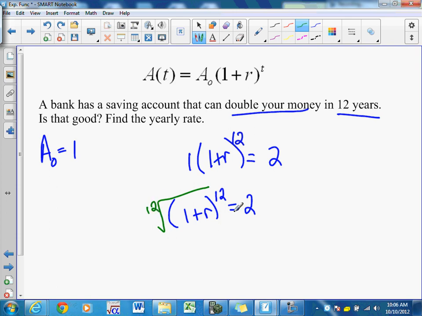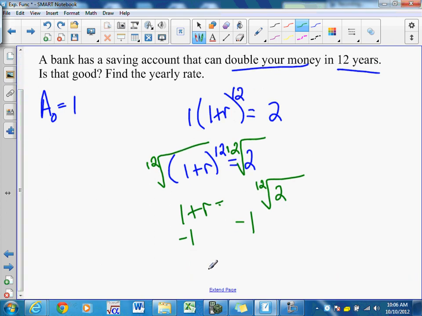I'm going to take the 12th root of both sides. So 1 plus R is the 12th root of 2. Subtract 1 from both sides, and we end up with R is the 12th root of 2 minus 1.